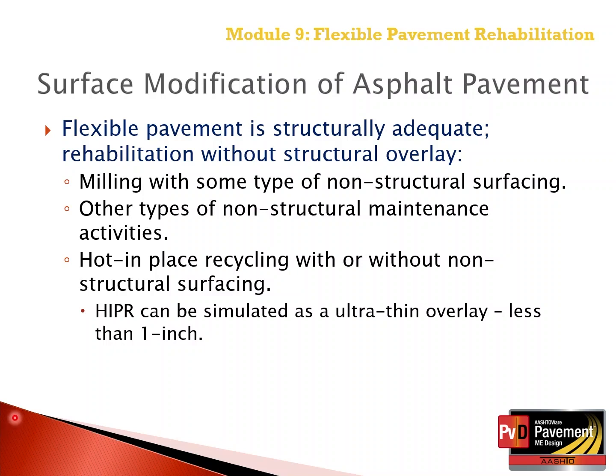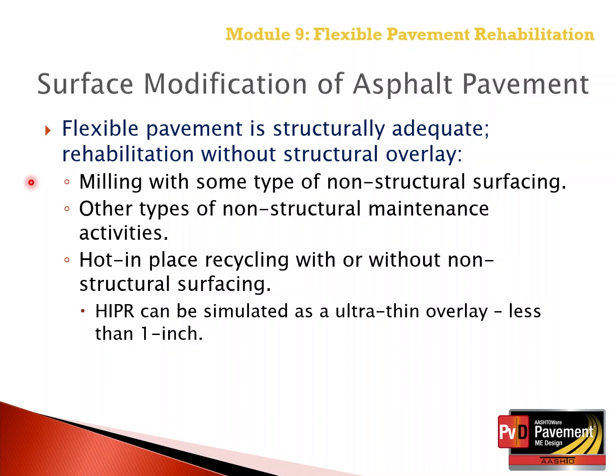Basically, surface modification is grouped into three areas that do not include structural rehabilitation. The first is milling with some type of non-structural surfacing. The second is other types of non-structural maintenance activities. And then hot in place recycling with or without non-structural surfacing.